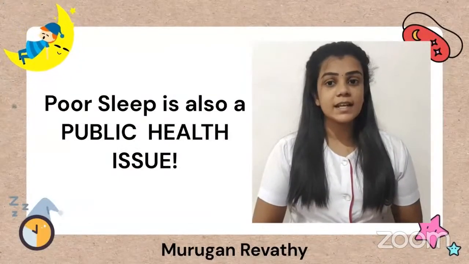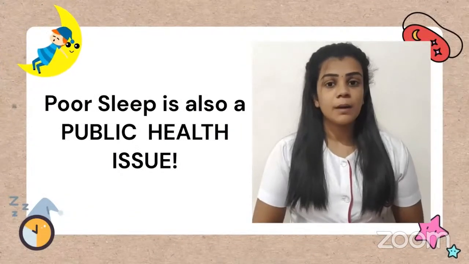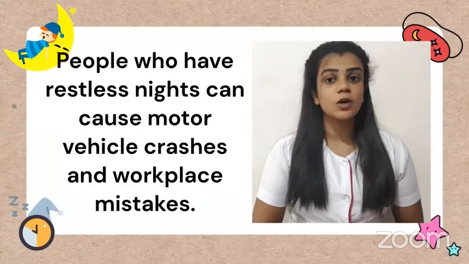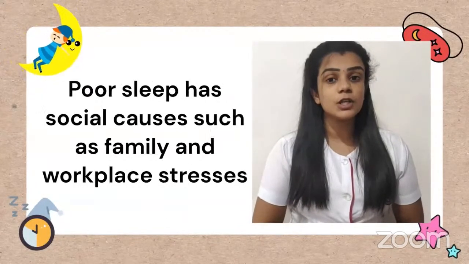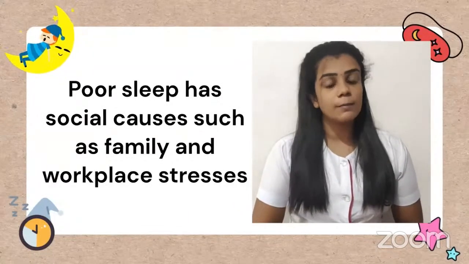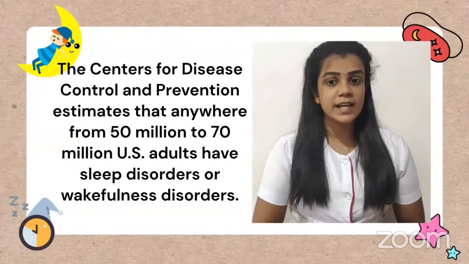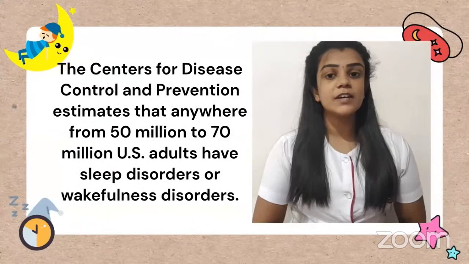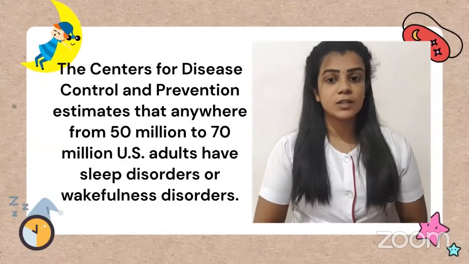Poor sleep is often considered an individual problem, but it's also a public health issue. People who have restless nights can cause motor vehicle crashes and workplace mistakes. In addition to these social consequences, poor sleep has social causes such as family and workplace stresses. The Centers for Disease Control and Prevention estimates that anywhere from 50 million to 70 million US adults have sleep disorders or wakefulness disorders.